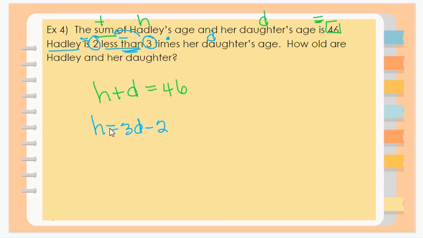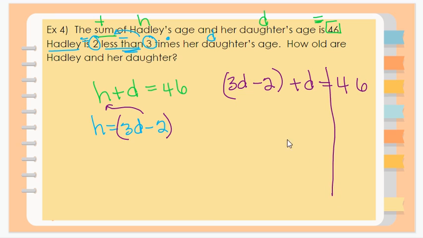So how old are Hadley and her daughter? Now we can use substitution, because since we have H, we know that this is what H equals. We can substitute it in for H in the top one. I'll have 3D minus 2, plus D equals 46.